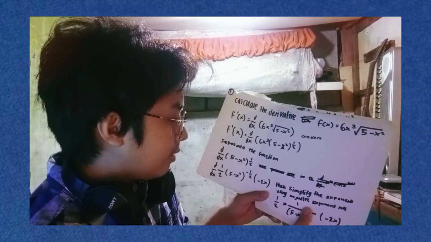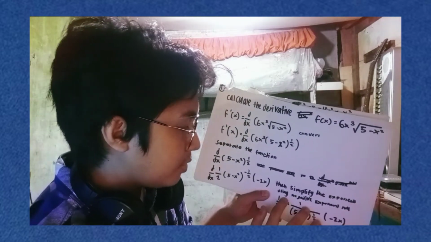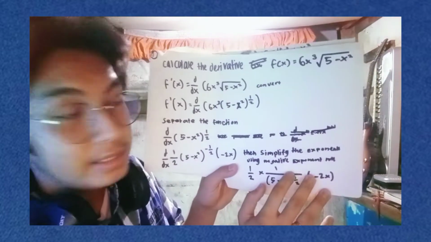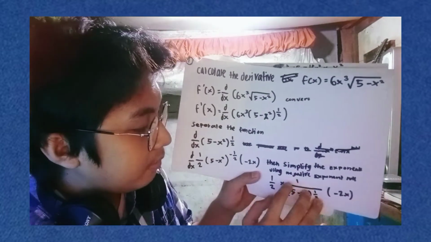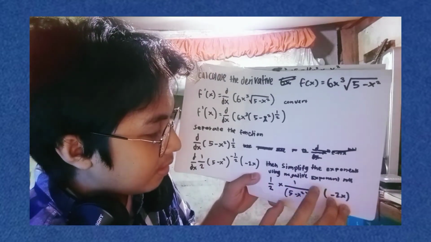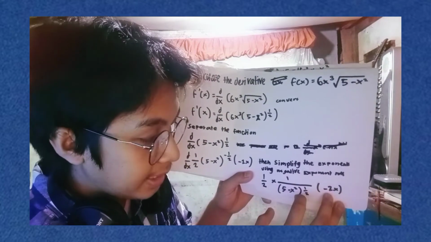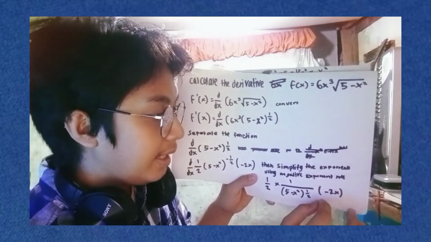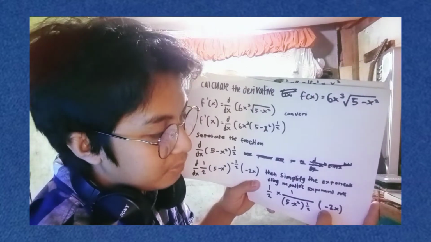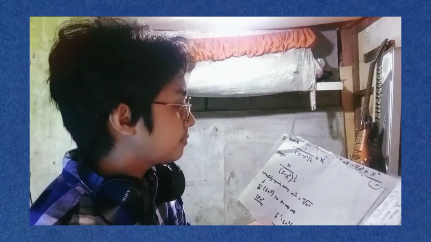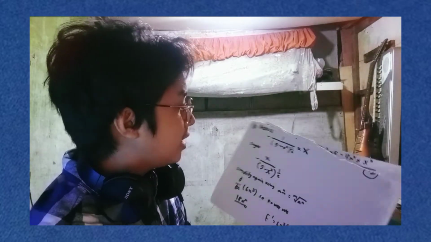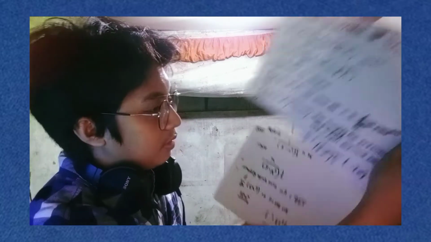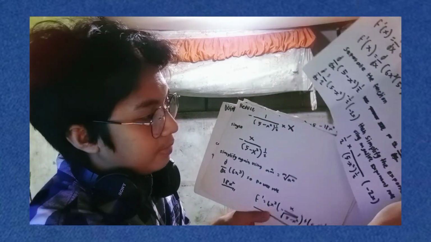Then we must simplify the exponents using the negative exponent rule. This is the negative exponent rule. Then it will become 1/2 times 1 over the quantity 5 minus x squared raised to 1/2, then times negative 2x. Then we will reduce, we will be removing 1/2.